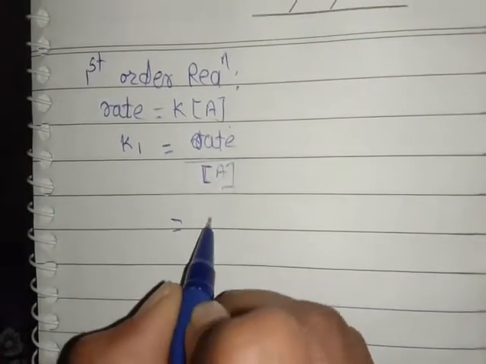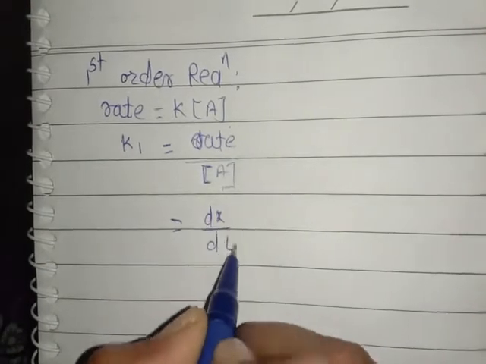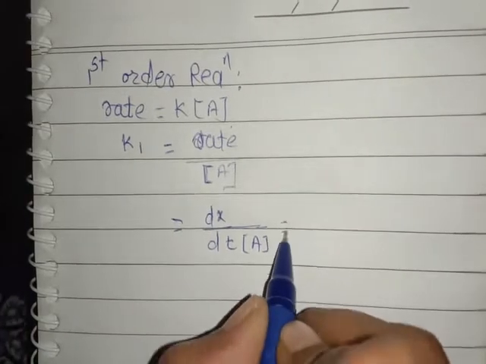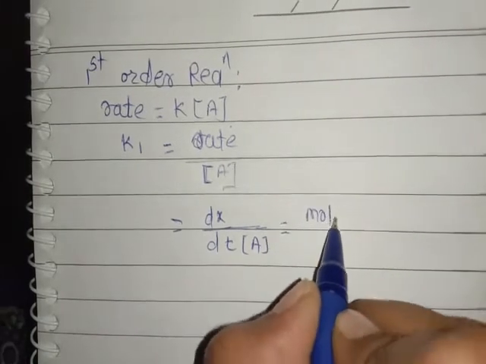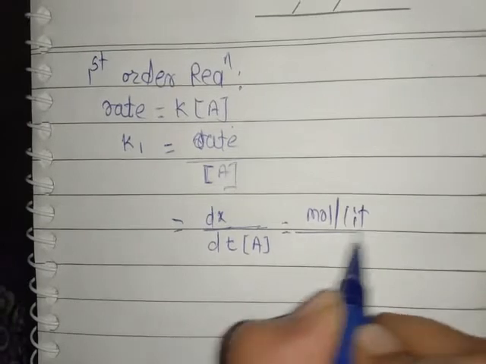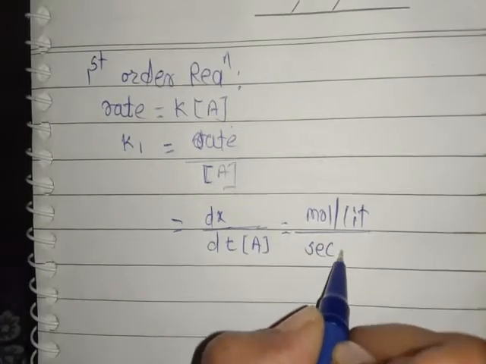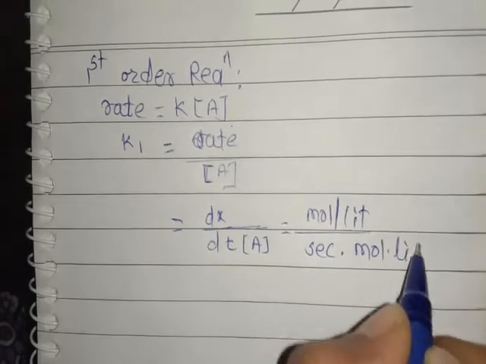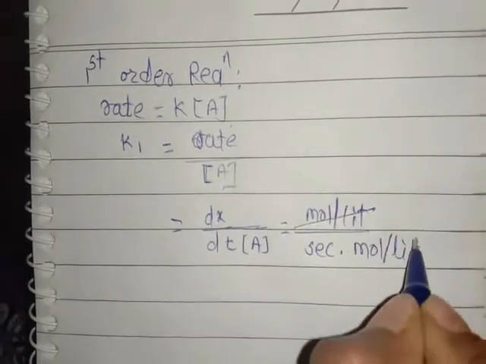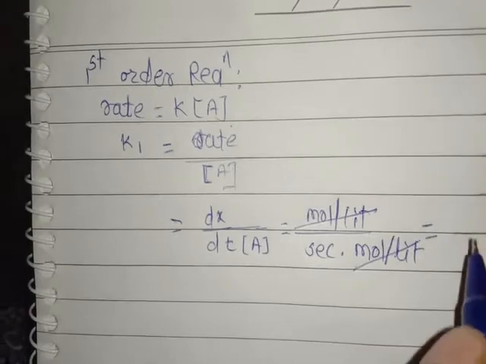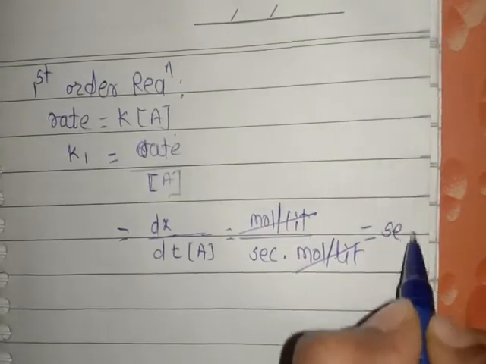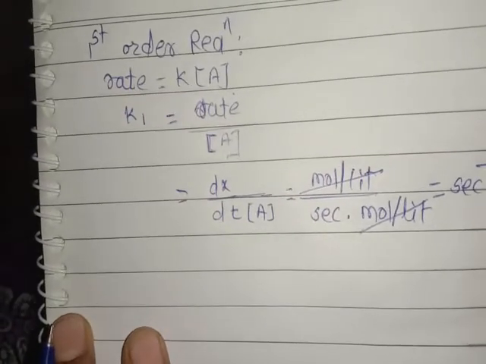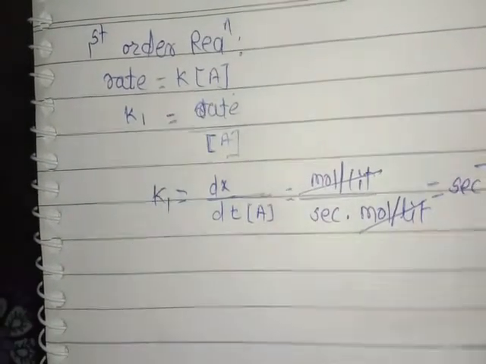Or this is dx upon dt into concentration of A. Therefore this is moles per liter upon time, which is in second, and again it is in moles per liter. So this mole per liter cancels. We have per second as the unit for the first order rate constant.